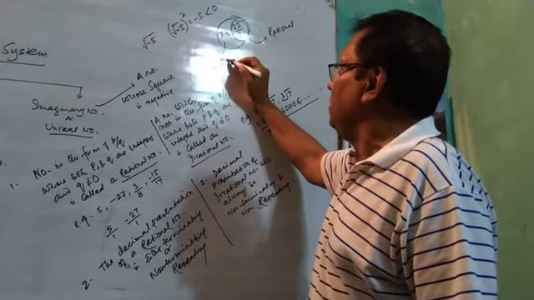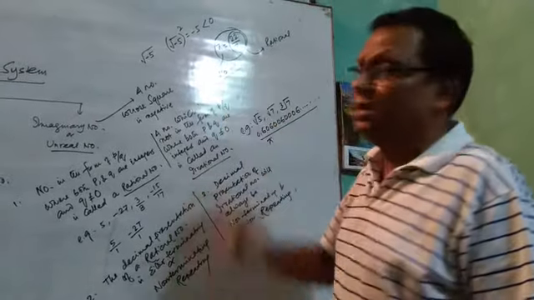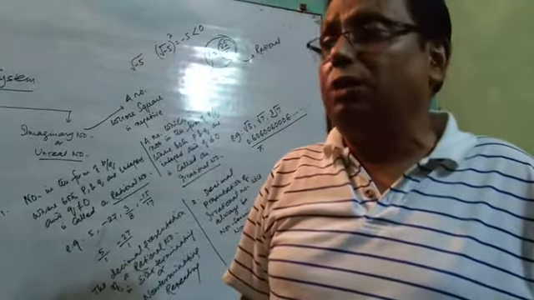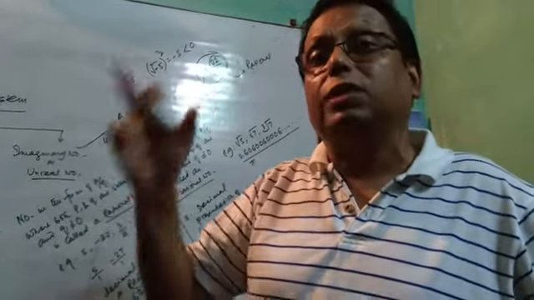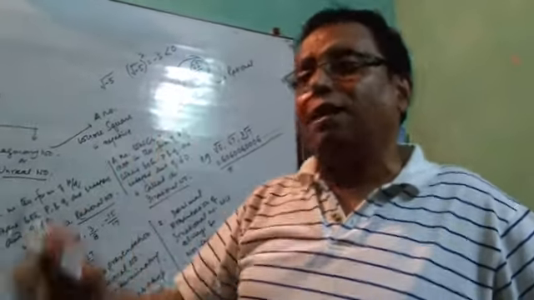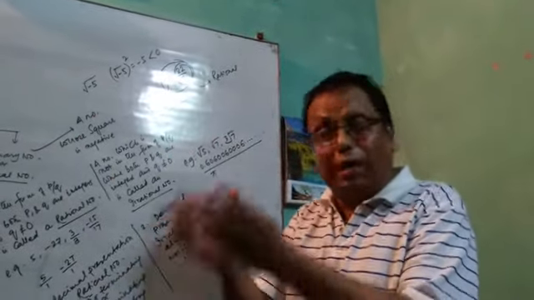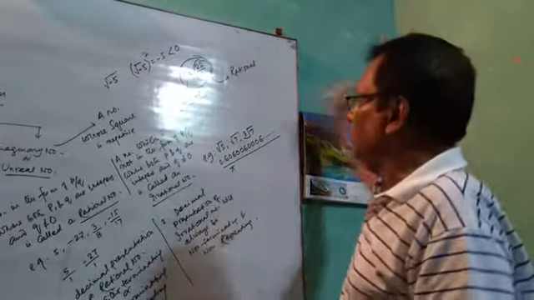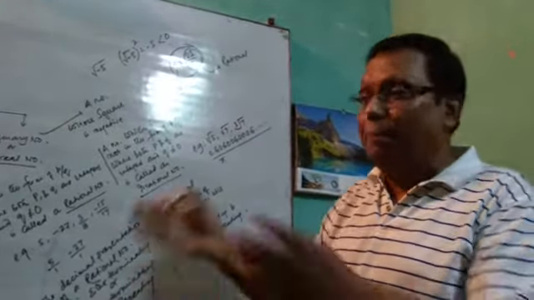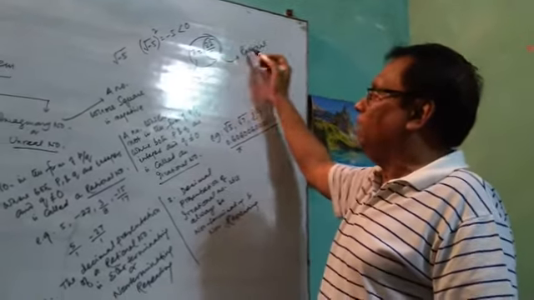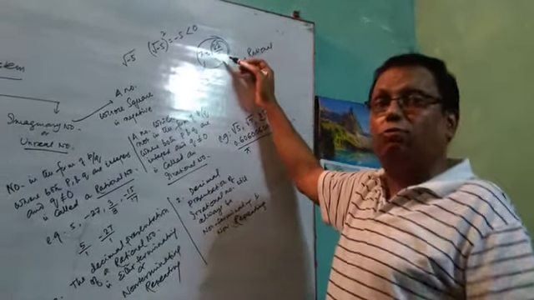The simple reason is that the exact value of pi is not equal to 22 by 7. 22 by 7 is a close approximate value of the irrational number pi. The actual value of pi is non-terminating, non-repeating. But for practical purposes, we take a very close rational value of pi.